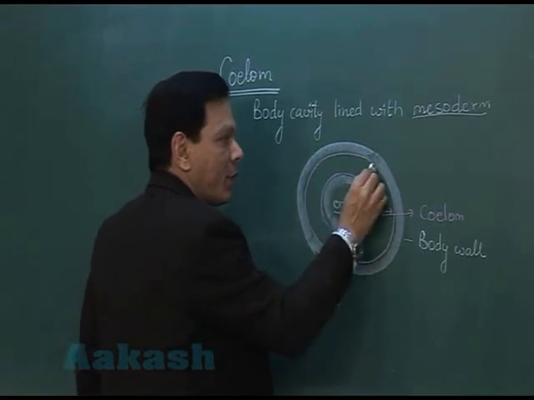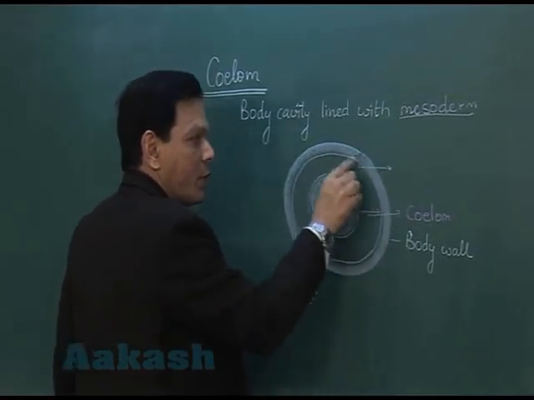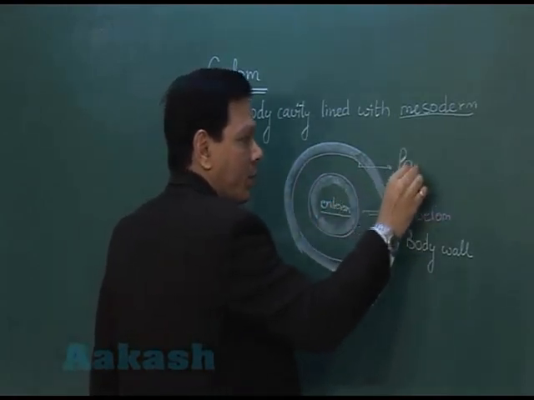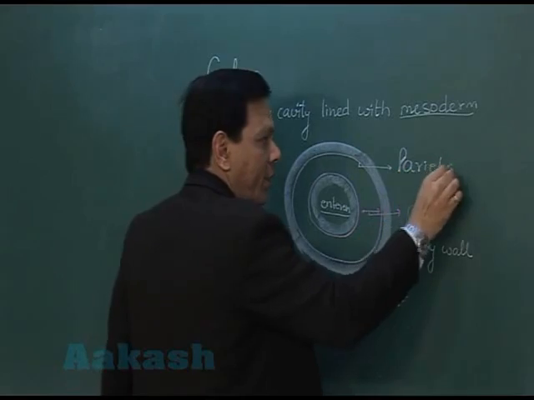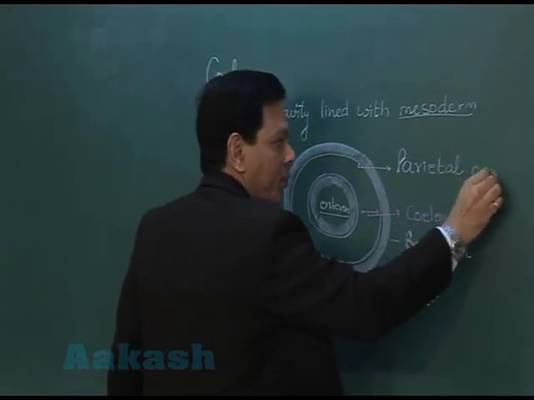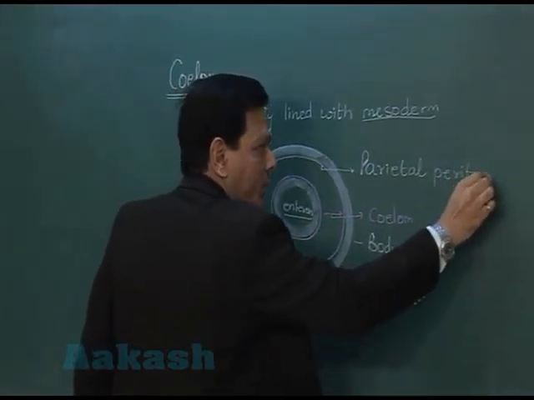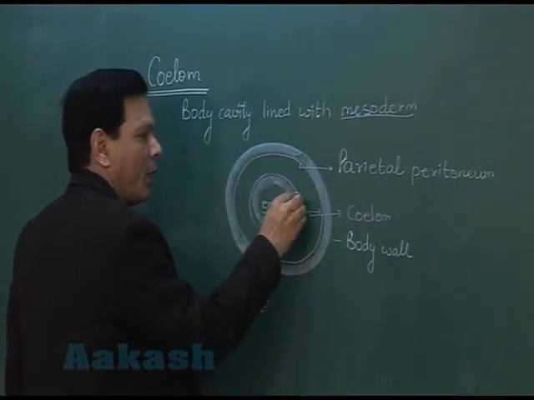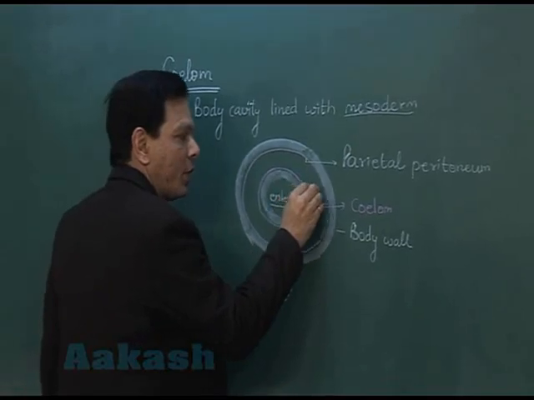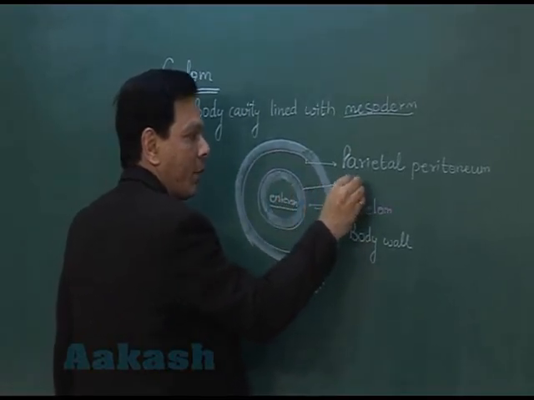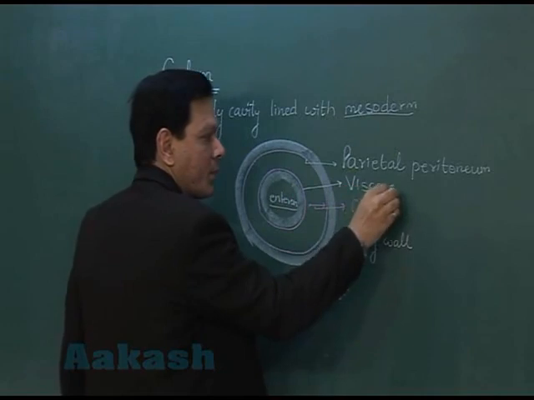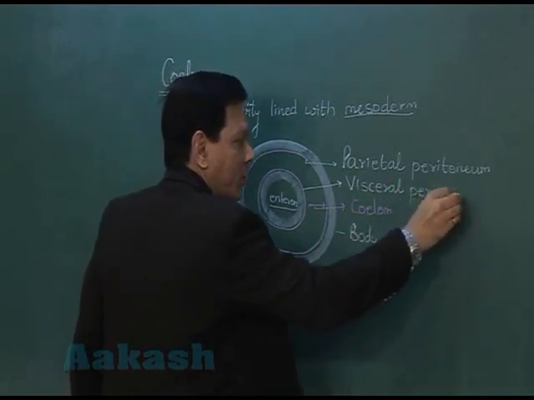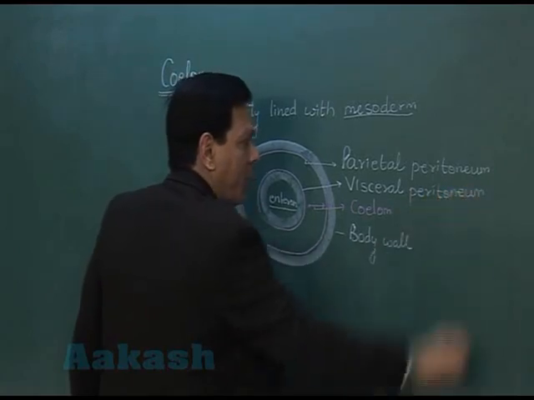And what about these layers? The mesodermal cover which is present with the body wall is called parietal peritoneum, and the one which is with the visceral organ will be termed as visceral peritoneum.